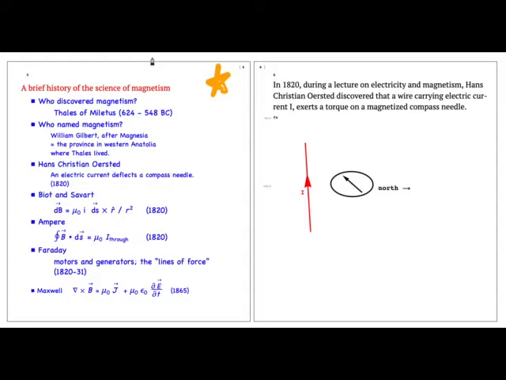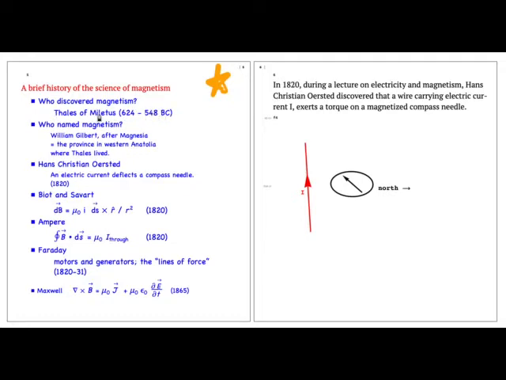The first question is, who discovered magnetism? And we know the answer to that. It was a man named Thales. Thales of Miletus. Miletus was the name of the town where he lived. He lived 624 to 528 BC.